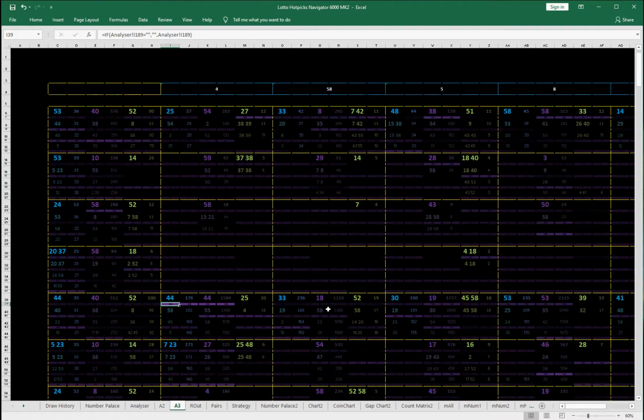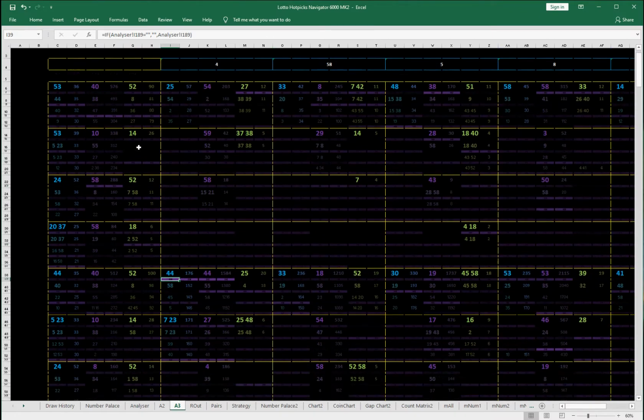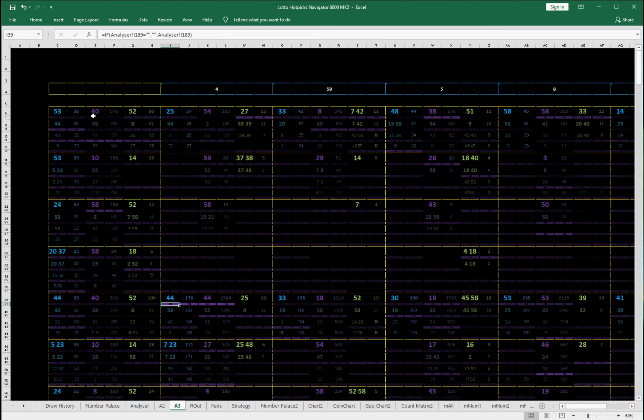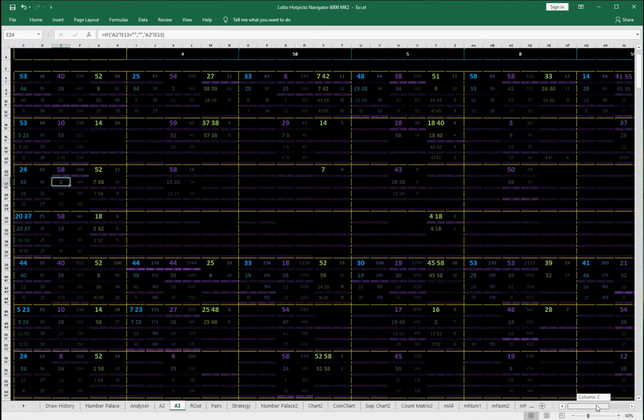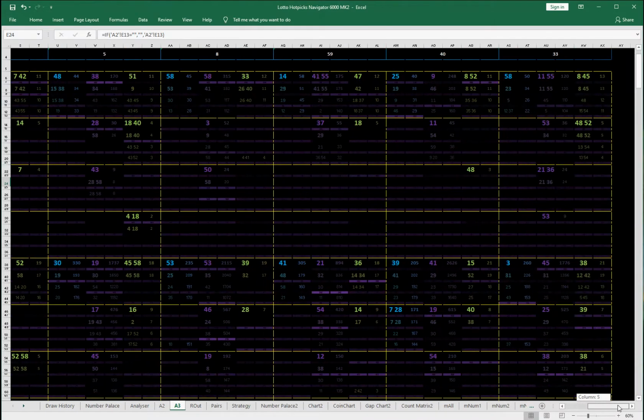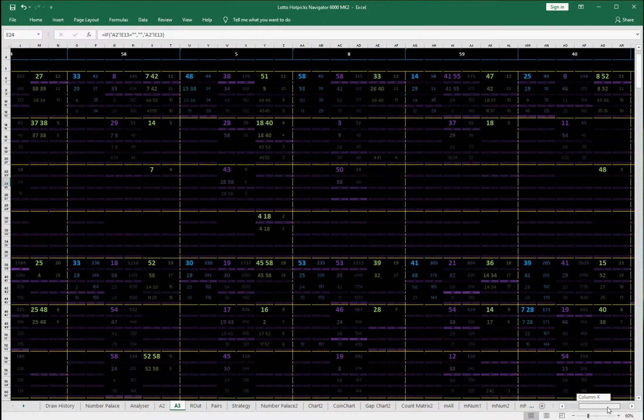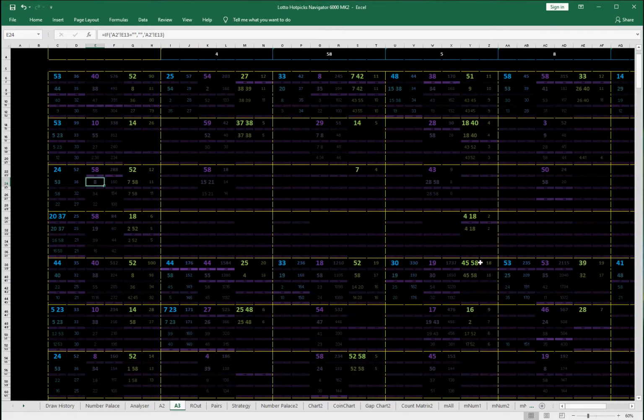But if you're picking your numbers and you want something to go on, these are the numbers that stand out, especially 58, 8 and 58. If you want to apply the order code that I've applied, you might end up picking the same numbers as me, because there's not much choice really.